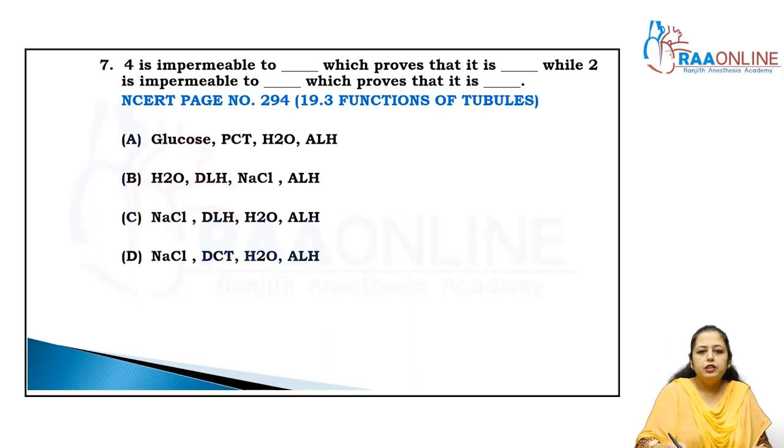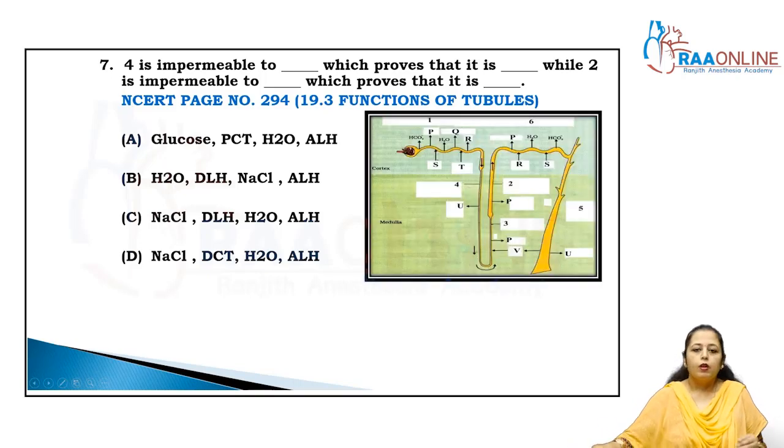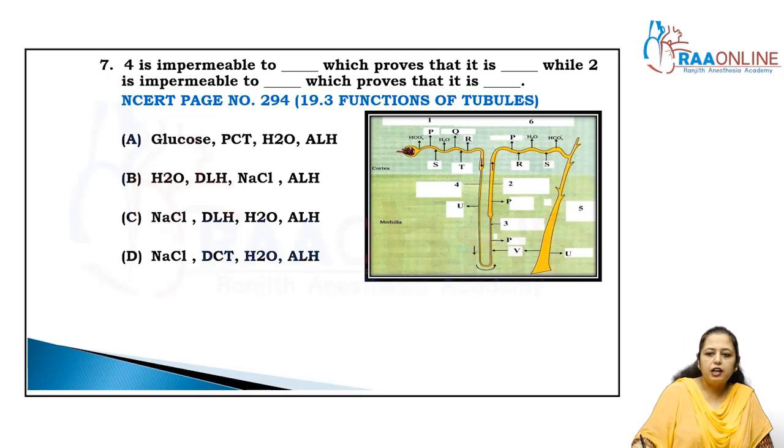Now, 4 is permeable to... In that question, 4 is the descending limb of LOH, right? It is permeable for water and almost impermeable for salts, right?